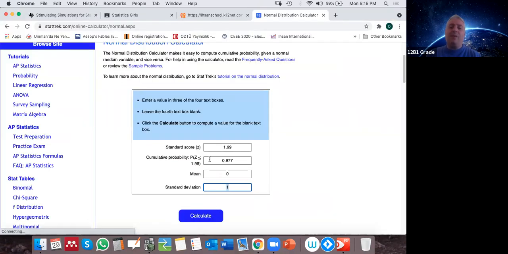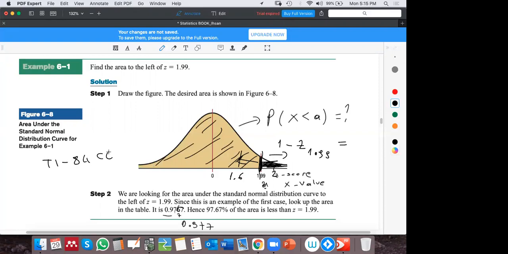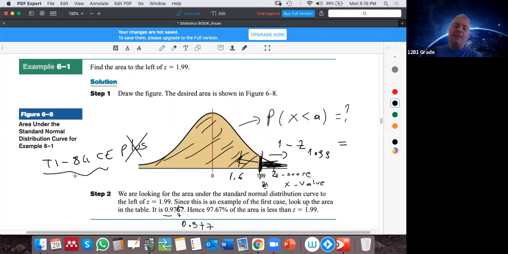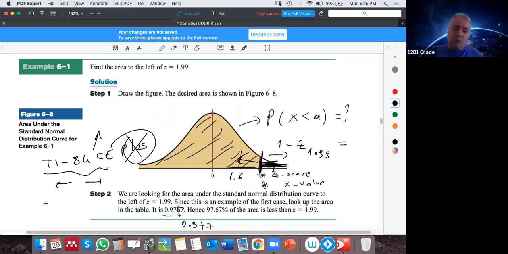But sometimes some calculators give this option also. Some calculators ask whether you are looking for the left side of that z-score or the right side. For example, the TI-84 CE Plus, which I do not have. I have the classical one. The classical one shows just the left side, but the updated model asks which z part you want: left, right, or between two z-scores.